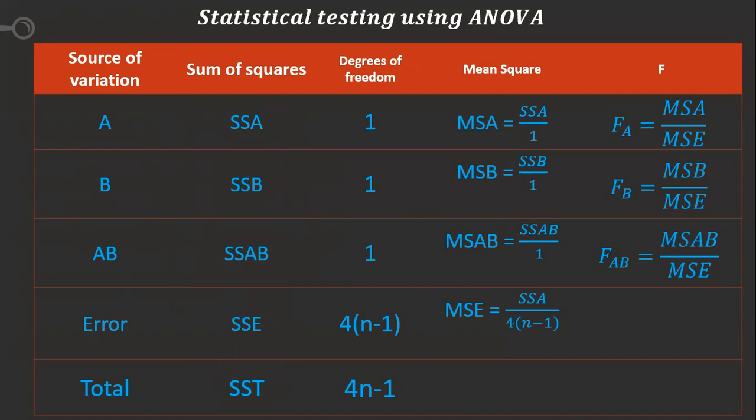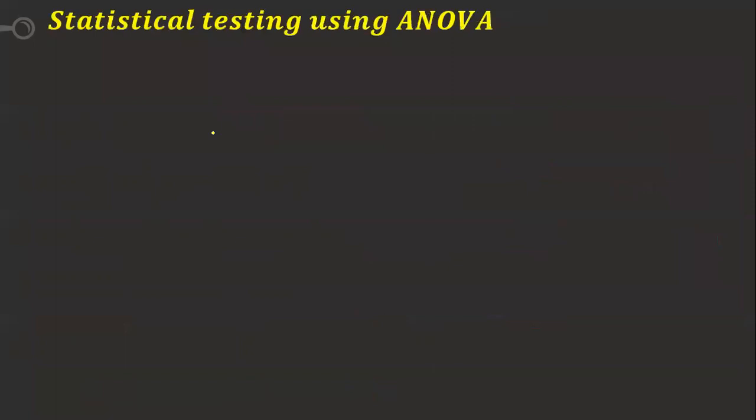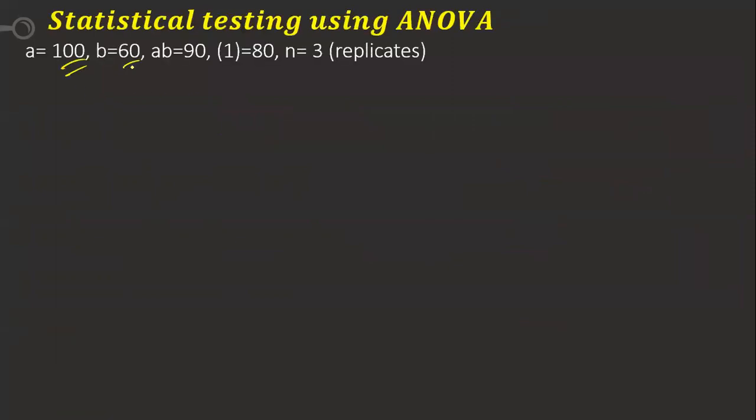So how to calculate this SSA? Is there a formula for this? Yes, of course. Statistical testing using ANOVA. We have got A is equal to 100, B is equal to 60, AB is equal to 91. This is low effect. Okay, we can have it as low. Right now, n is equal to 3 replicates. Here, I'm going to substitute in this formula. Now, SSA is given by, just note this 4 here. It is not 2, it is 4.